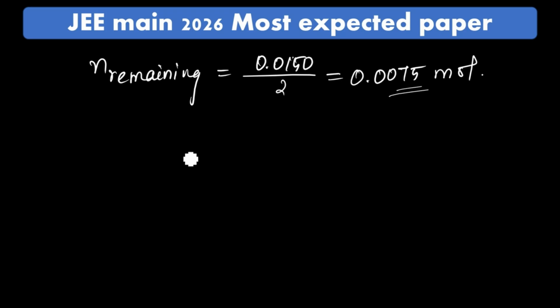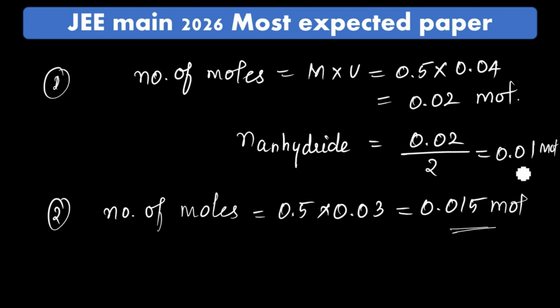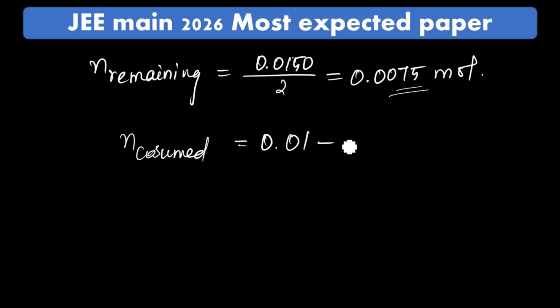Now the number of moles of anhydride consumed by the amine: I had 0.01 in the first one, and this much is remaining. So 0.01 minus 0.0075 is equal to 0.0025 moles, right?